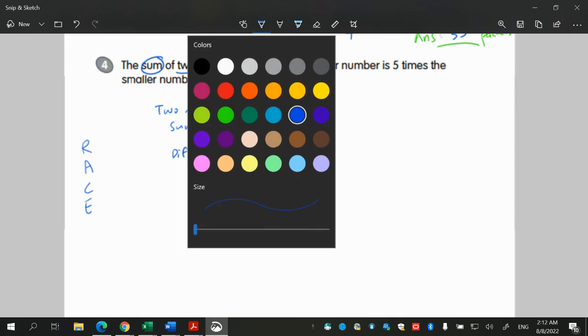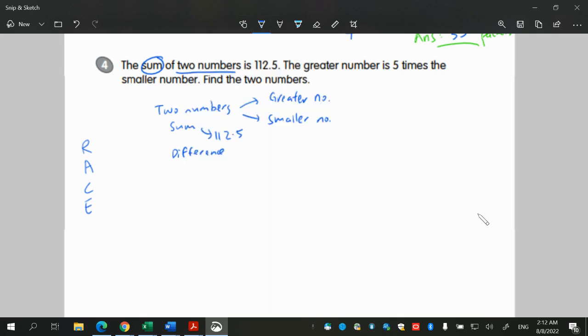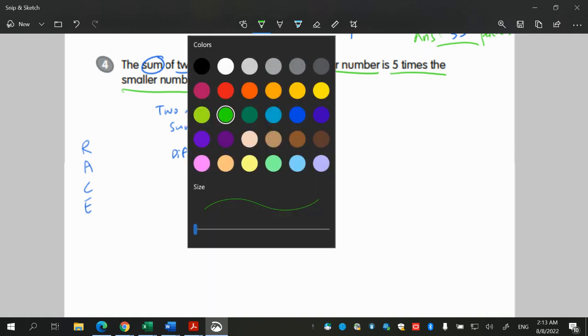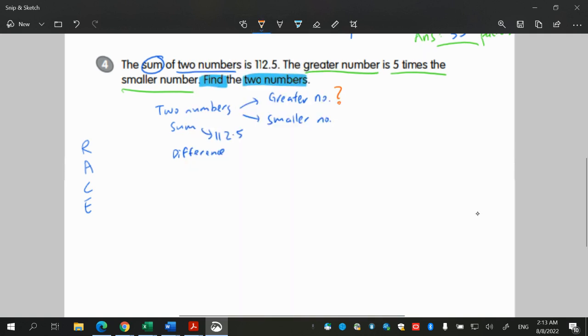Then the more important part is exactly what the question is asking for. You have a greater number that is 5 times the smaller number. The question goes quite straightforwardly, asking you to find the two numbers. In other words, you don't have the greater number, neither do you have the smaller number.